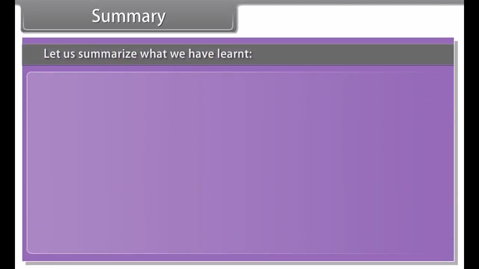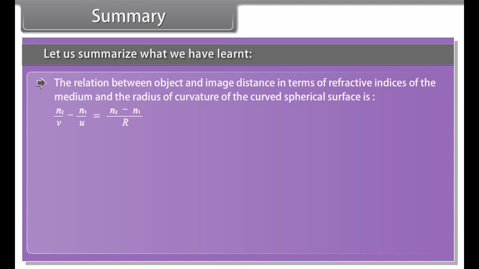Summary. Let us summarize what we have learned. The relation between object and image distance in terms of refractive indices of the medium and the radius of curvature of the curved spherical surface is n2 by v minus n1 by u is equal to n2 minus n1 by r.